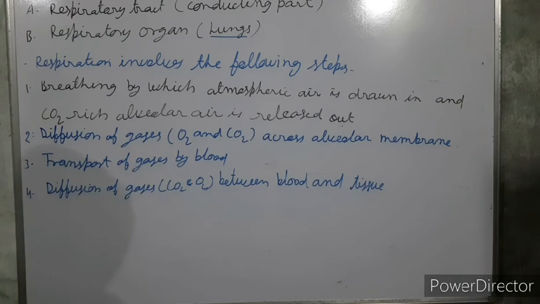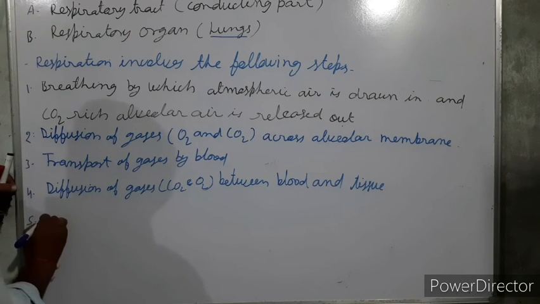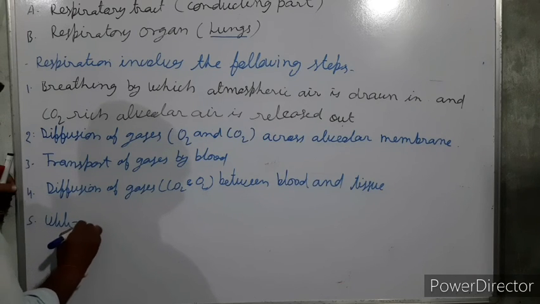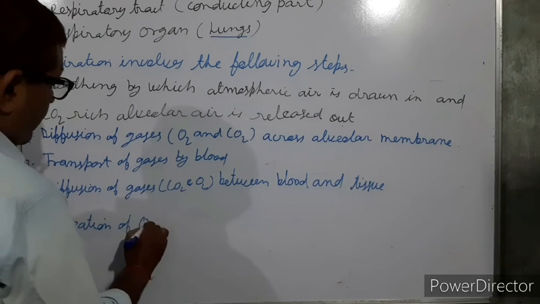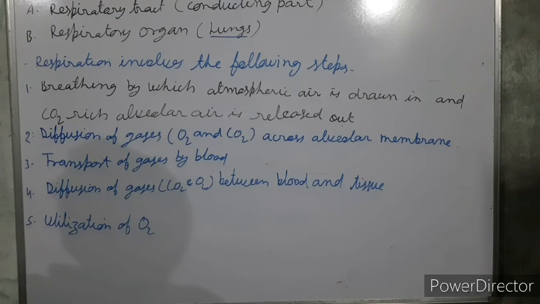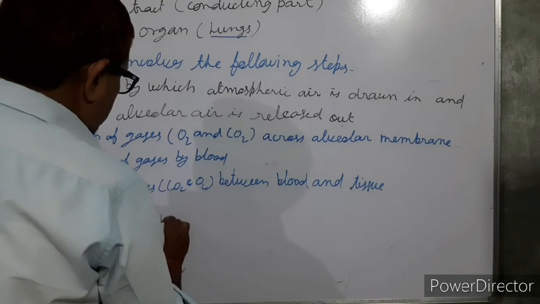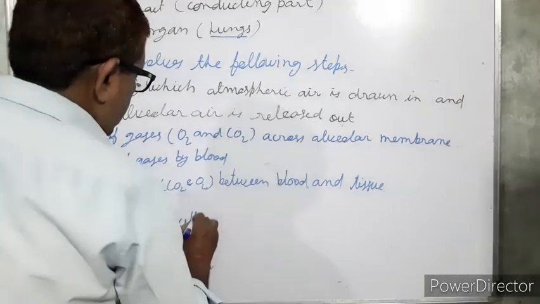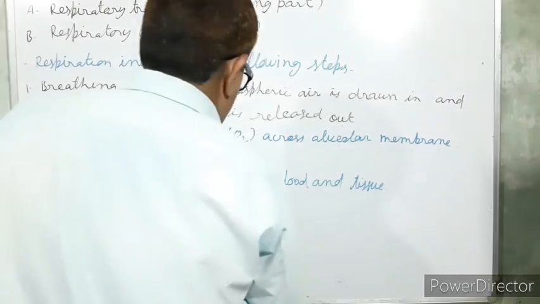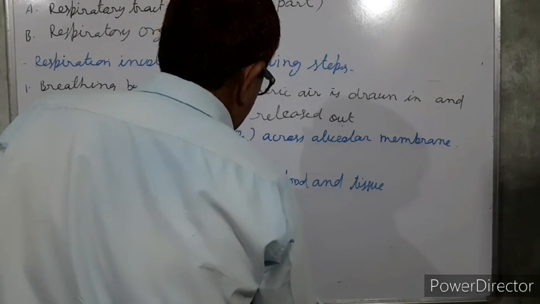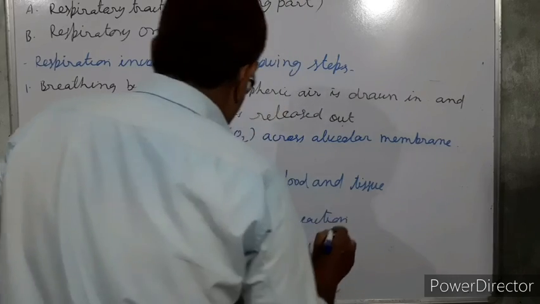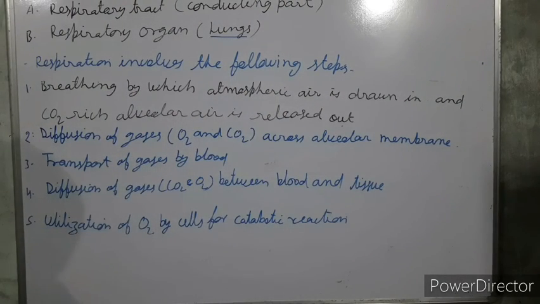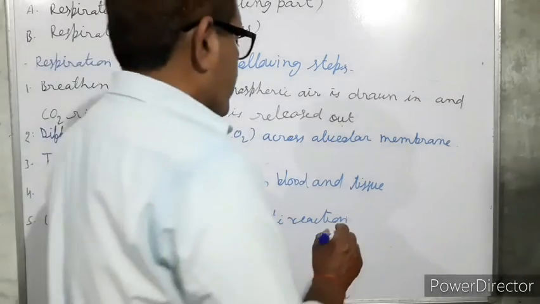And the next one, the fifth, is utilization of oxygen by cells for catabolic reactions.